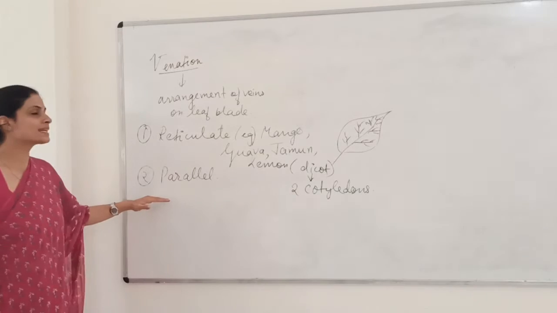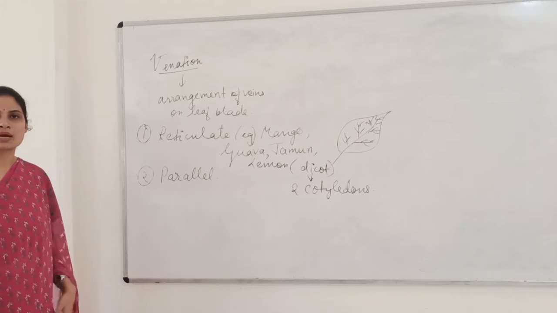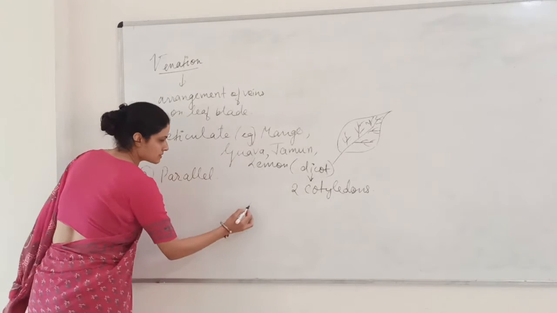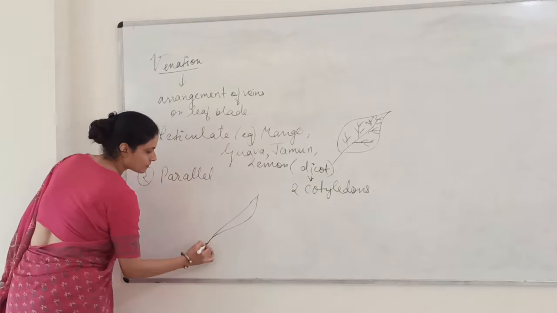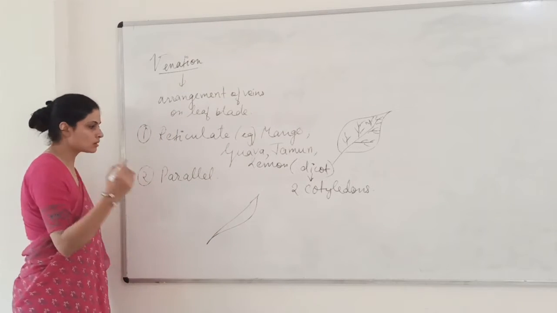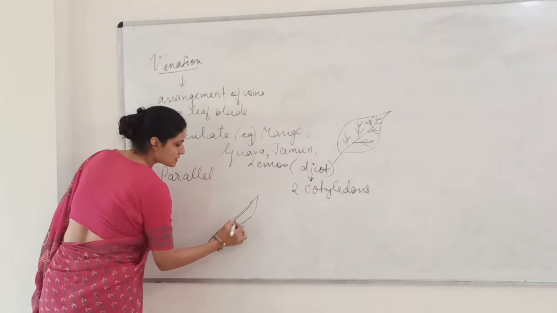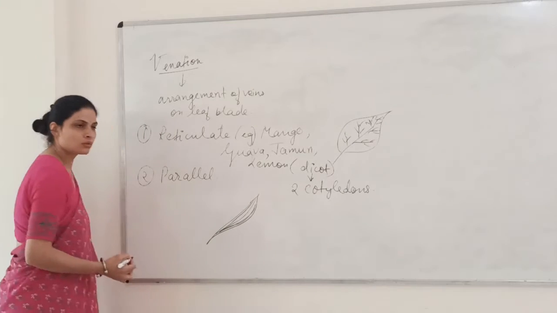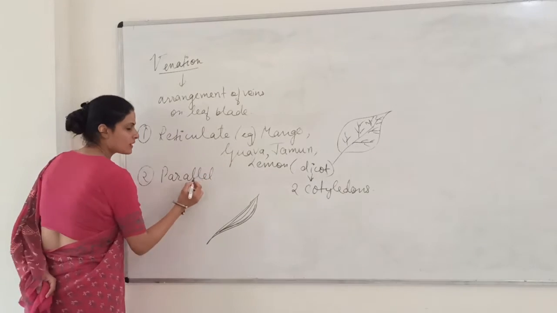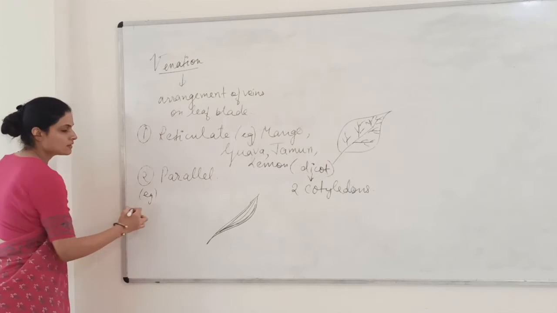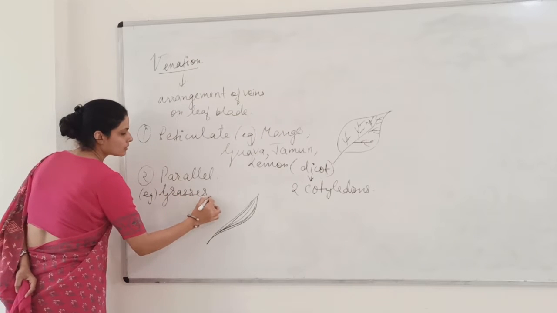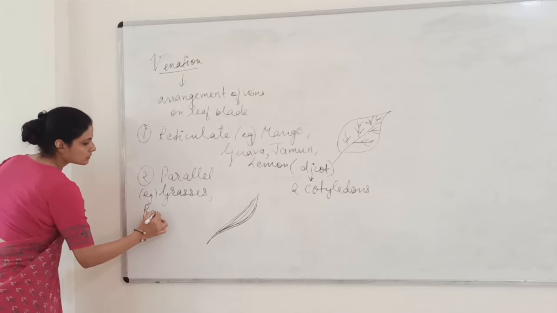Now coming to the second type of venation, parallel venation. If you look at the leaves of grasses, the leaves are long, and if you see the veins, they are arranged parallel to each other. Especially you will find these types of leaves in grasses, bamboo.